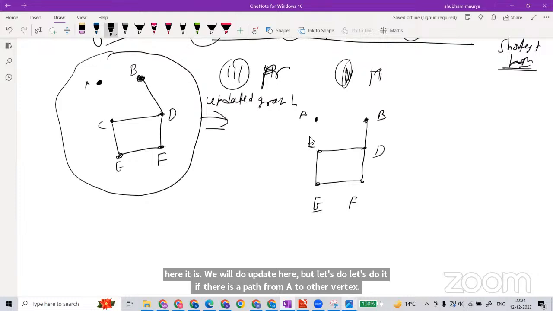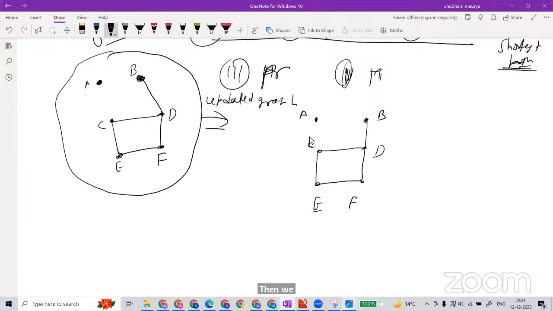From vertex A to any other vertex, is there a path? No. That means we will not add any edge from A to another vertex.